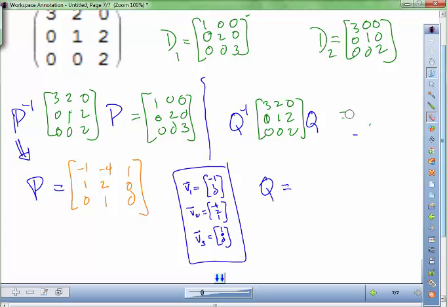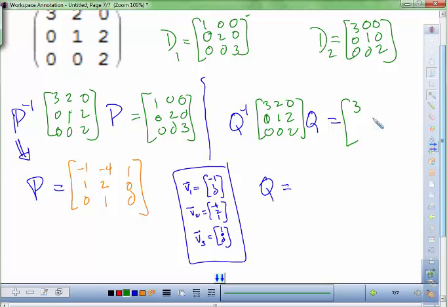For D2, we decided to put the eigenvalues in a different order: 3, 1, 2 instead of 1, 2, 3. If we do it that way, our Q matrix, the invertible matrix that's supposed to make this into this similar matrix, has the eigenvalue 3 in the first column, so I'll take the eigenvector associated with that eigenvalue.